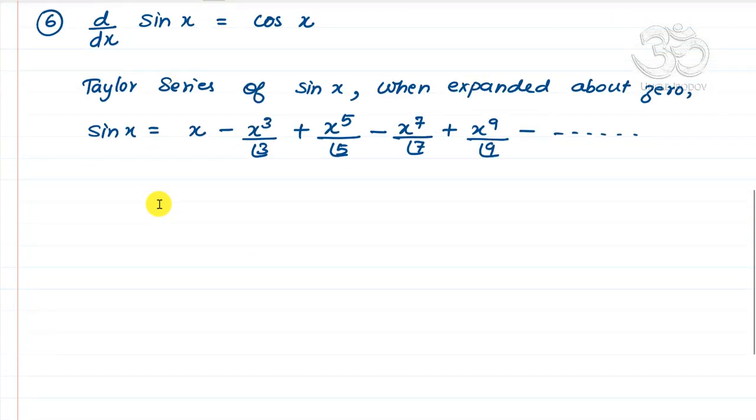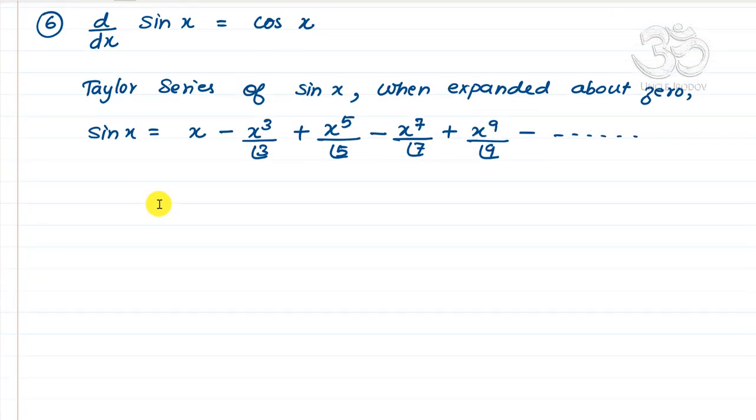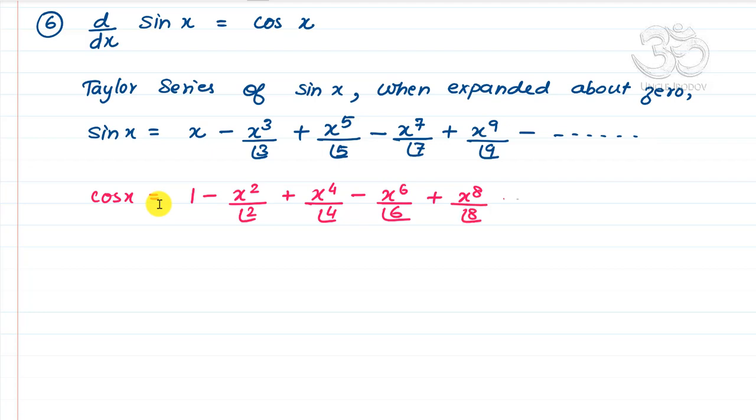Right? And there is a certain expansion of cos x also. So cos x is 1 minus x square by factorial 2 plus x power 4 by factorial 4 minus x power 6 by factorial 6 plus x power 8 by factorial 8 minus, and so on.